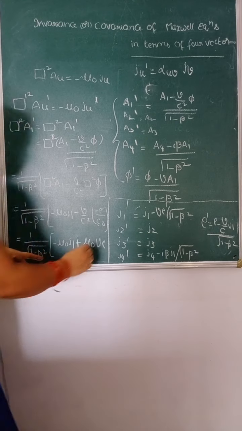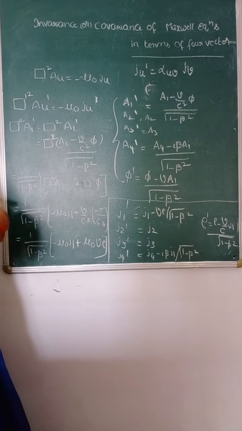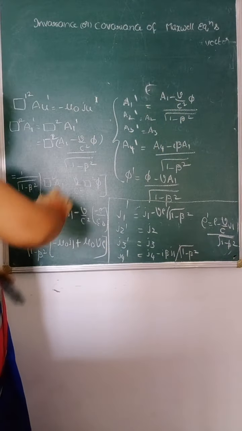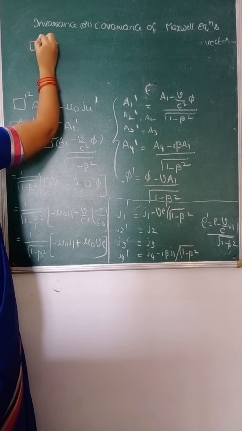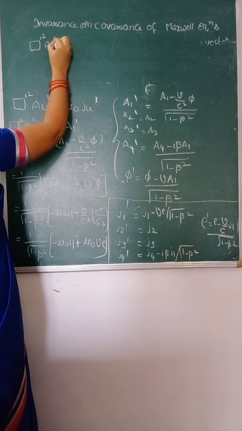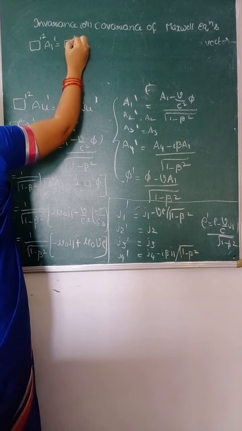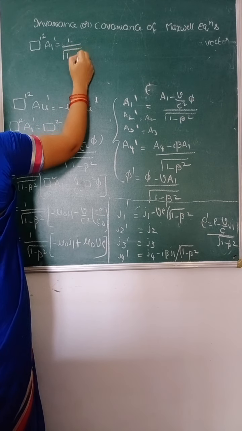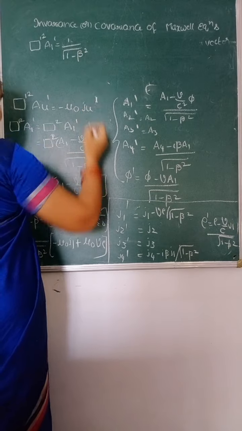So this del dash square a1 dash is equal to del square, 1 by root of 1 minus beta square.